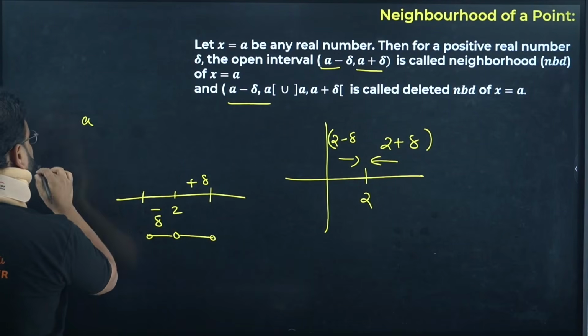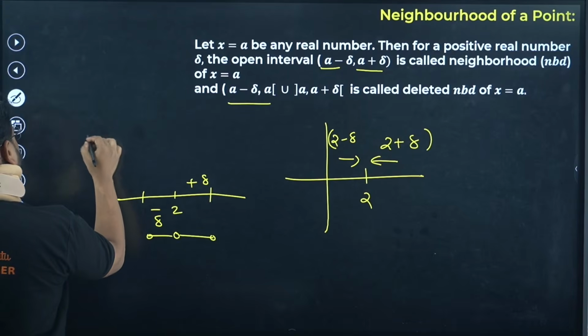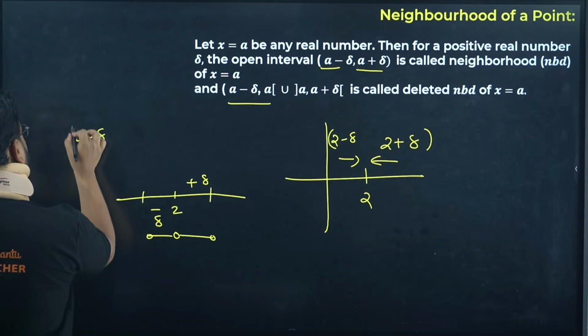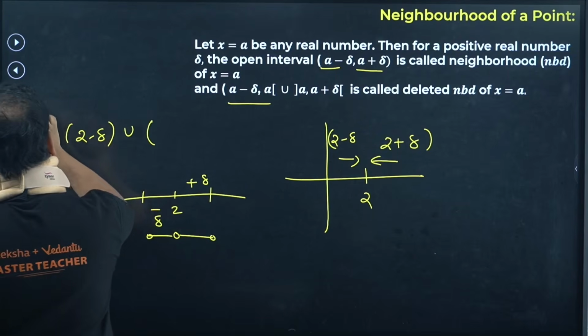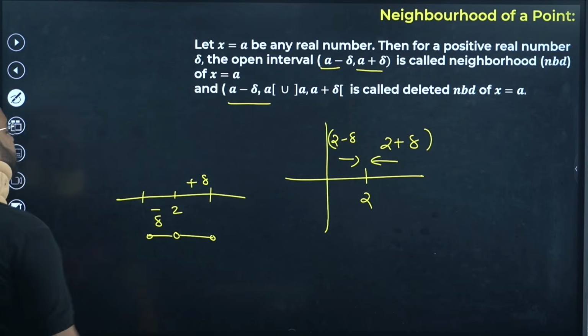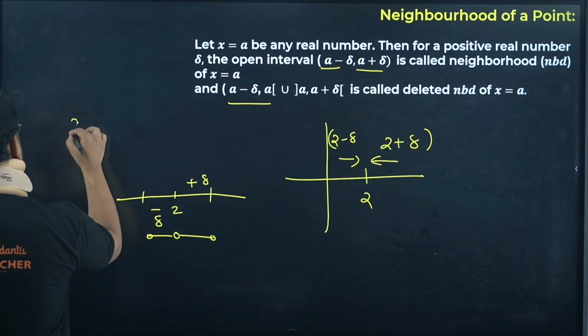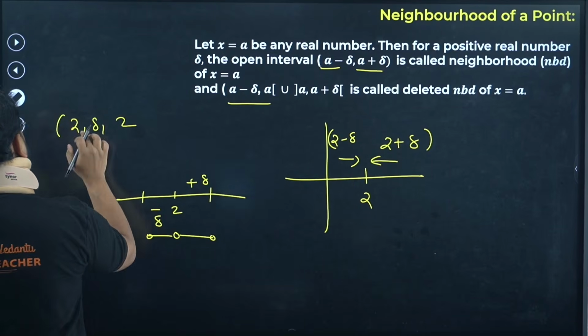Means if I write this interval, not A, it is 2 I have taken over here. So 2 minus delta, open, union, excuse me, sorry, 2 minus delta to 2 will be there, no?